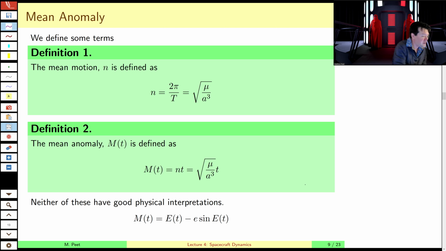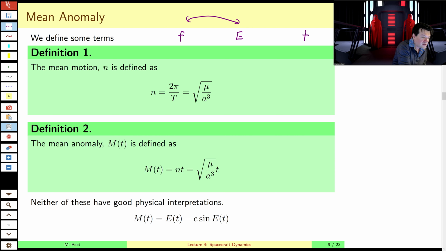Before we give that relationship, we're going to go through one more intermediate step. We want to get from F to E, which is the mean anomaly.